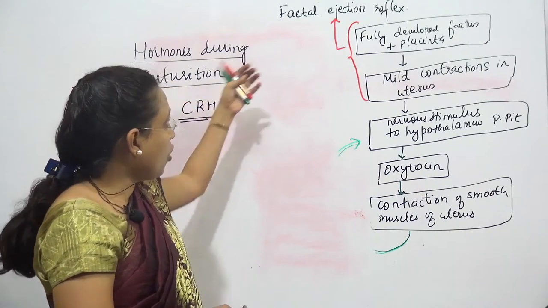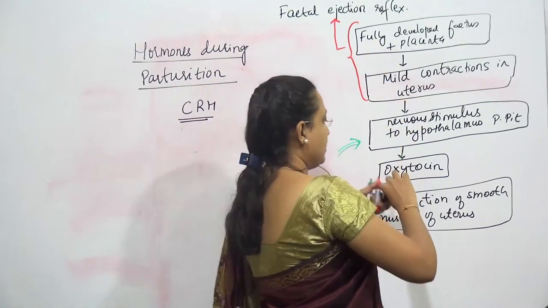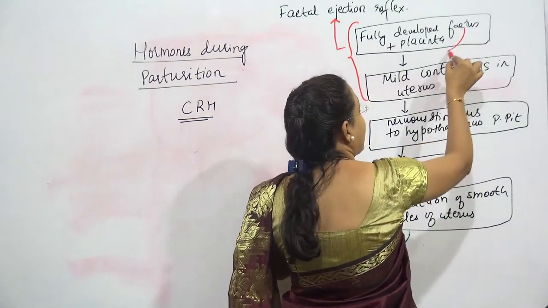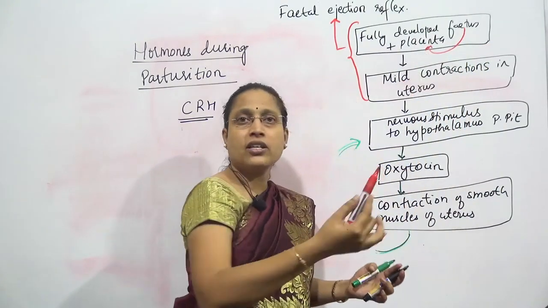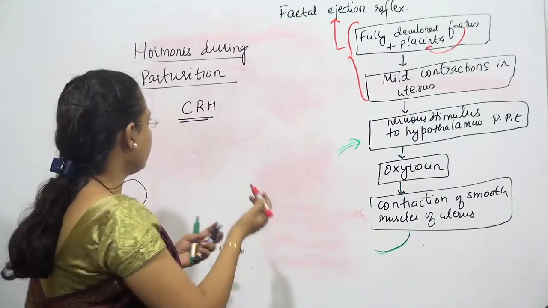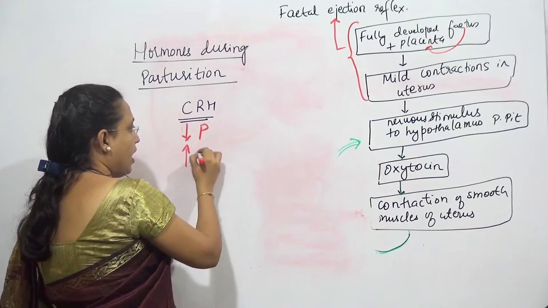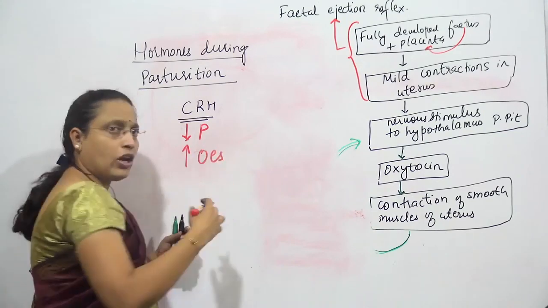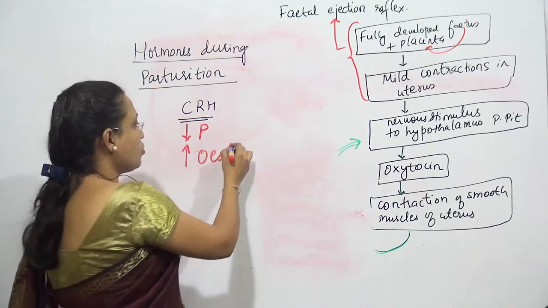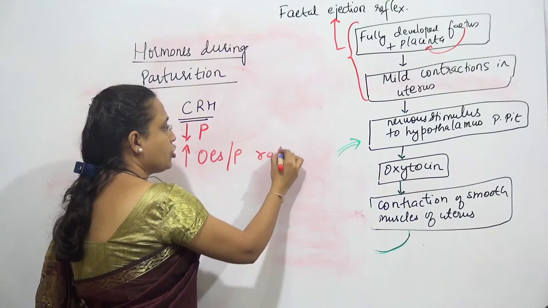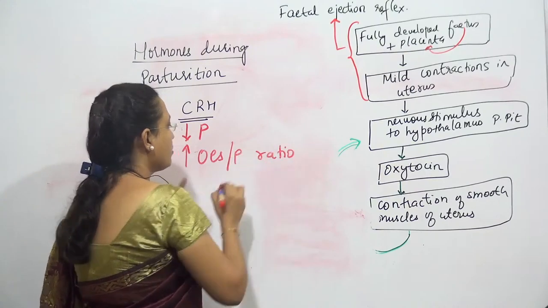And because of the hormones released by the fetus, certain placental hormone concentrations keep changing. Progesterone becomes less, and estrogen will not become more, but the estrogen to progesterone ratio becomes more.